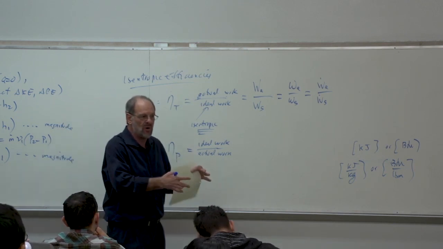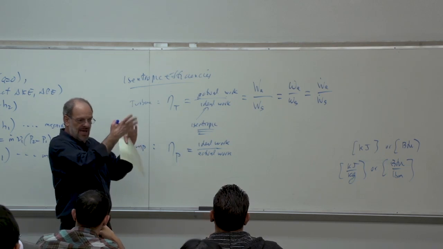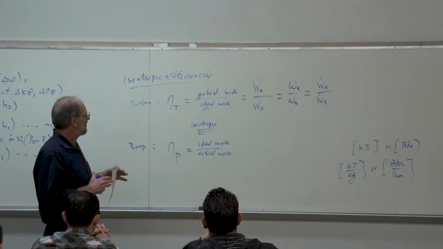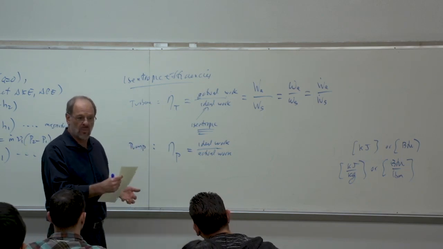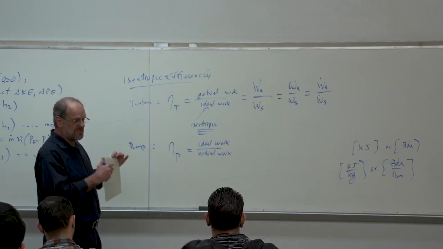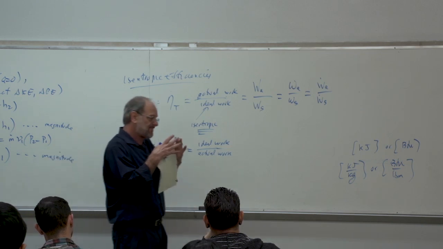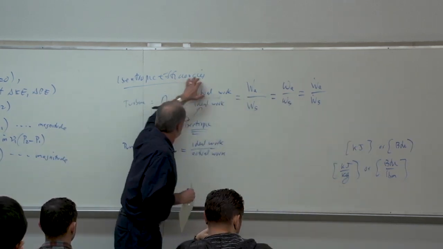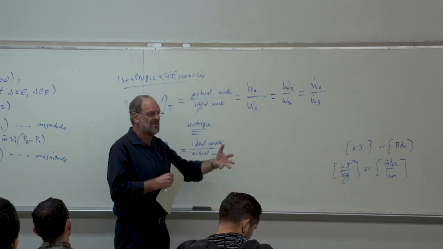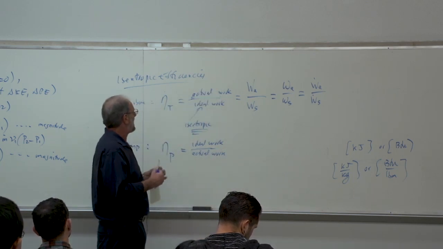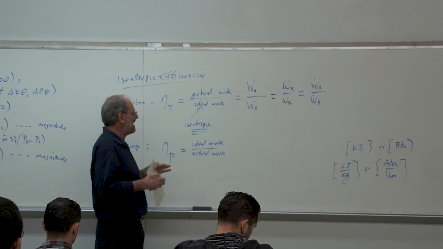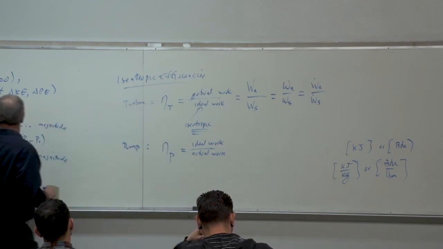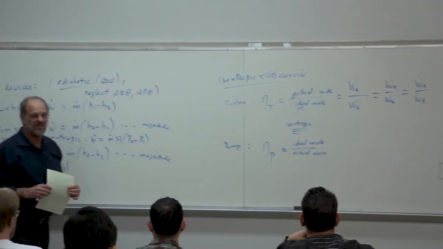We get work output. The energy lost by the substance moving through that turbine, that's the actual amount of work. But the reality is that work output also has to overcome the frictional losses. So the actual work we're getting out of the turbine is not the same as what you would think of as the enthalpy loss associated with that flow.